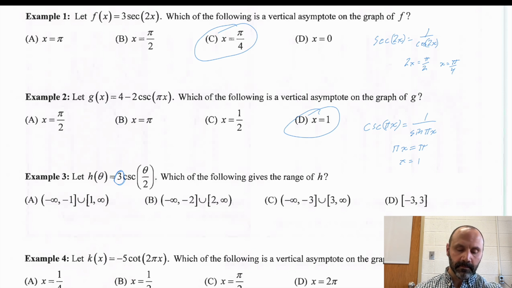When we've got something outside being multiplied, that's like a vertical dilation, so the whole thing is stretched. And so the answer is from -infinity to -3, and then from 3 to infinity.